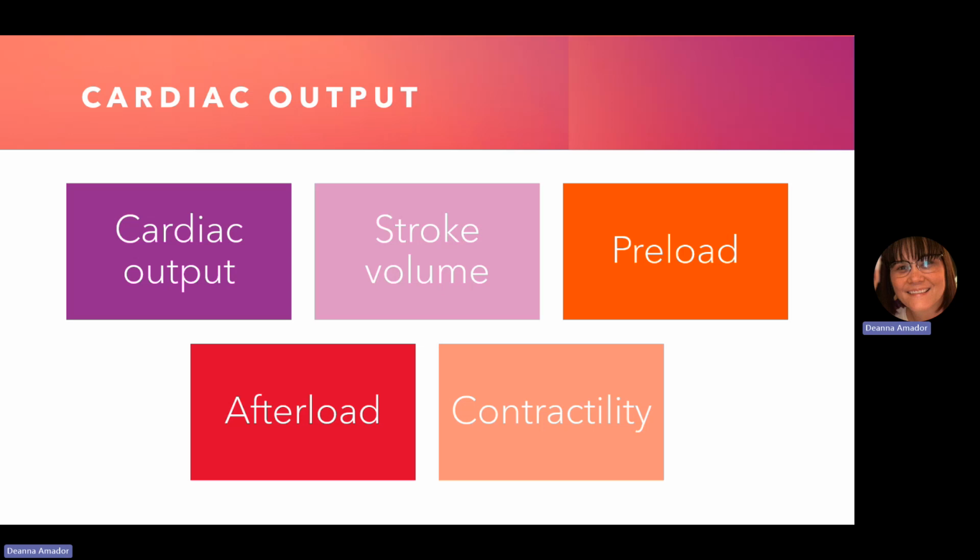So if somebody had high blood pressure, that would be a very high resistance that the heart would have to push out the blood against, this high pressure. So that would mean that they would have a high afterload.